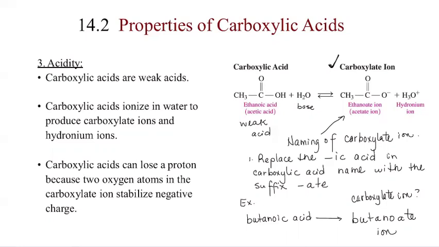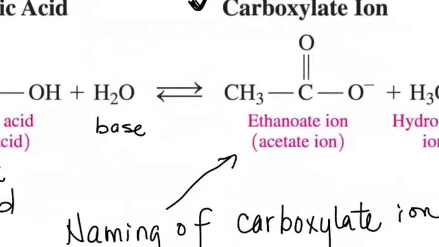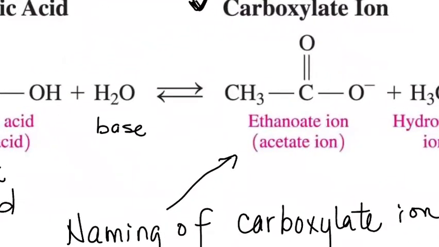Now, why is it that carboxylic acids are able to donate these protons and form these carboxylate ions? Well, when we look at the carboxylate ion, one of the things that can occur is that the negative charge on the oxygen can actually be shared into the carbon atom that it is next to, and then the other oxygen atom can become negatively charged.